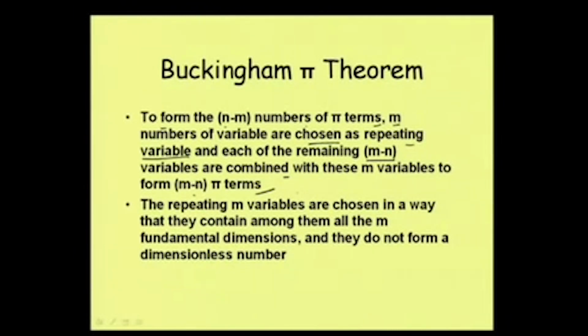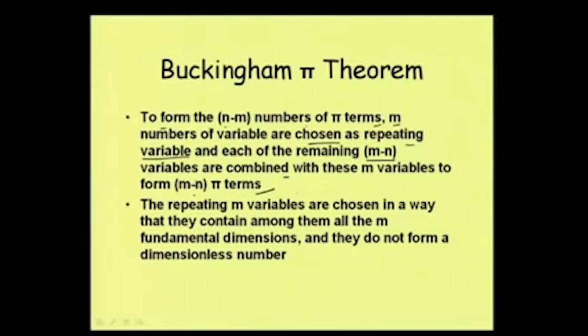Then out of the 10 variables, we need to take some variables. Suppose M, L, T are the fundamental quantities, then we need to take 3 variables as repeating variables. Now, which 3 variables will we take as repeating variables? That is the important point.